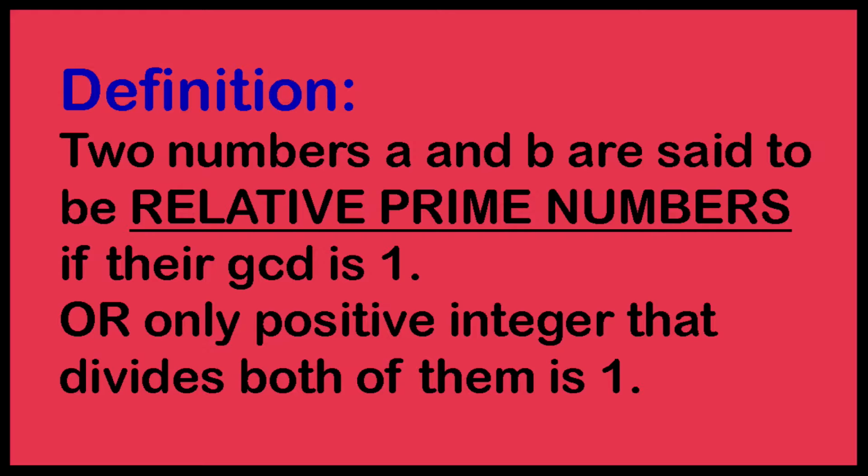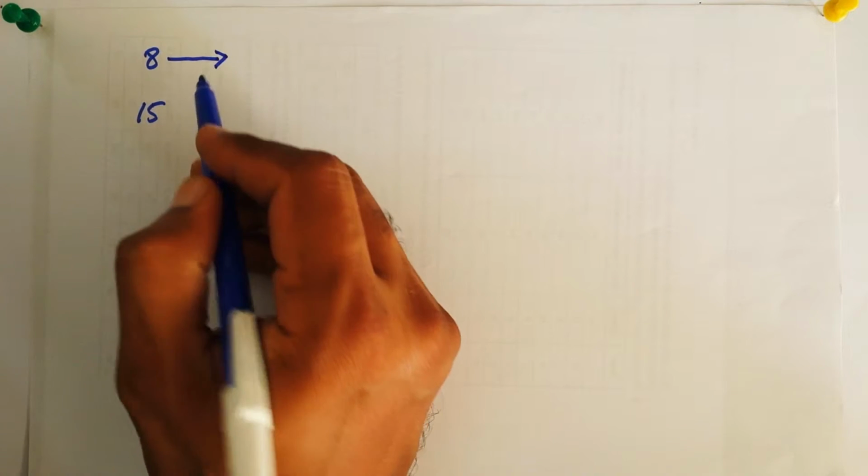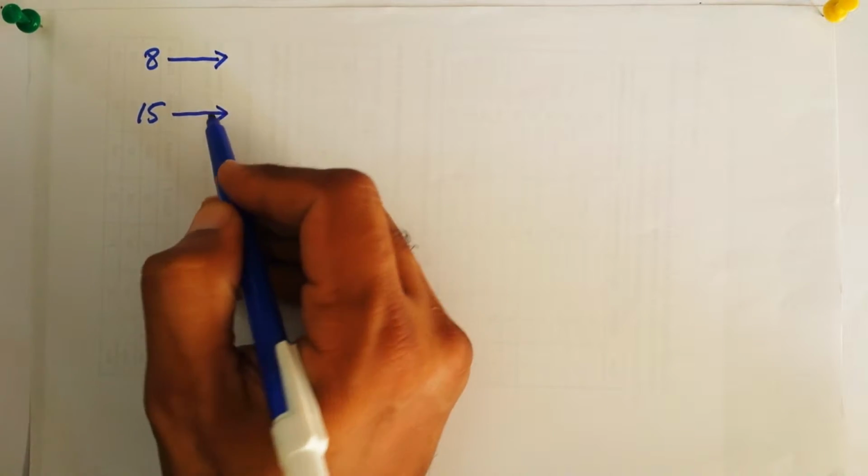Now we take an example of how to check relative prime numbers. For this, we check whether the numbers 8 and 15 are relative prime numbers or not.